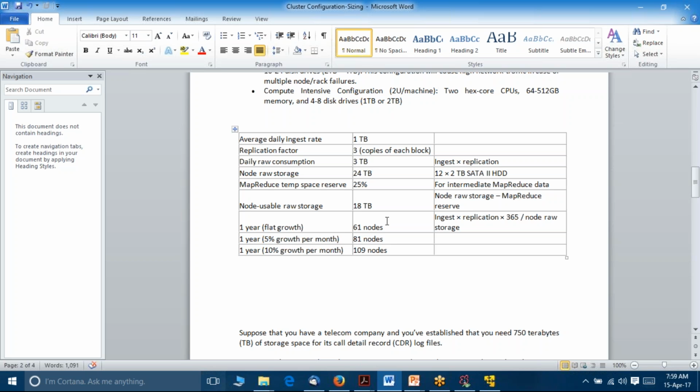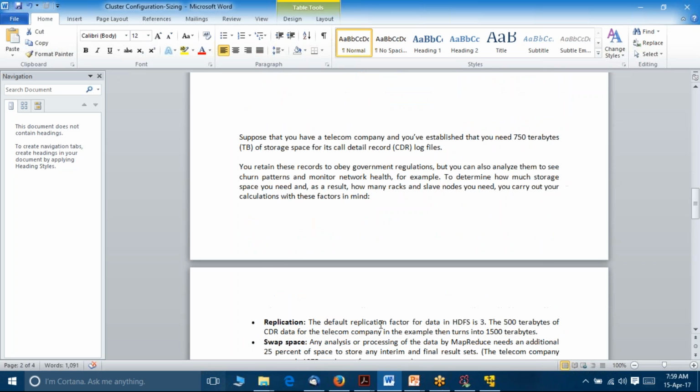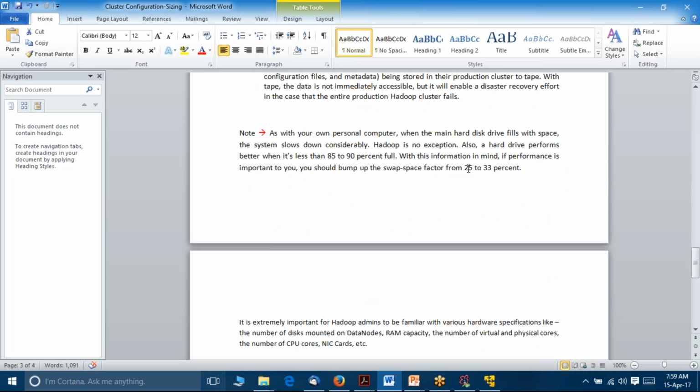One third of your hard drive is left, 25% for your MapReduce temporary storage, as I already mentioned. Hope you understand. That is the reason why 25 to 33% of the space I need to keep reserved. Then only I'll be able to keep up my performance. Hope you are clear with this, friends, what I'm trying to share.